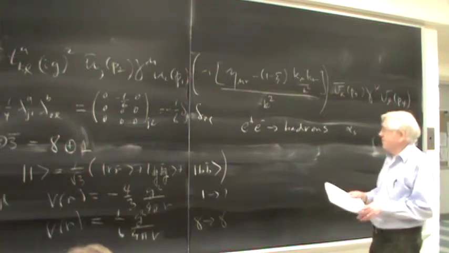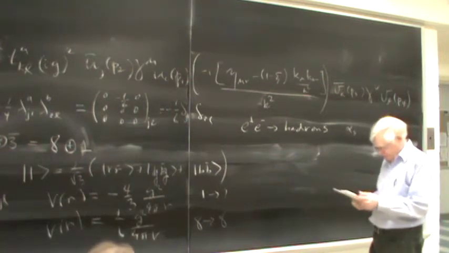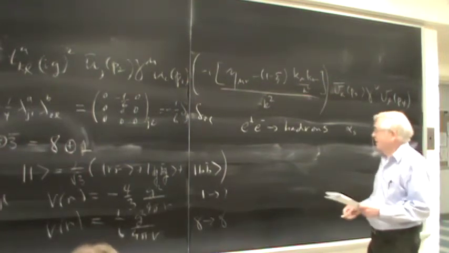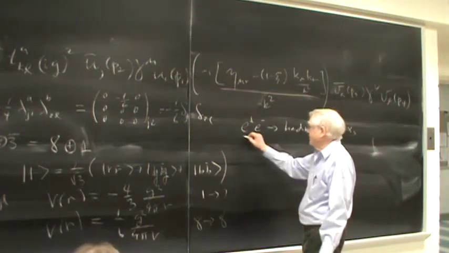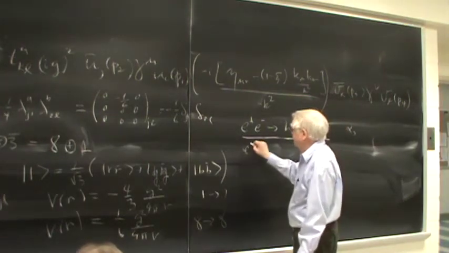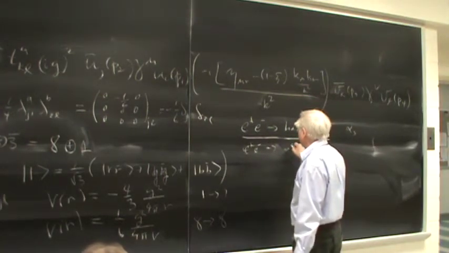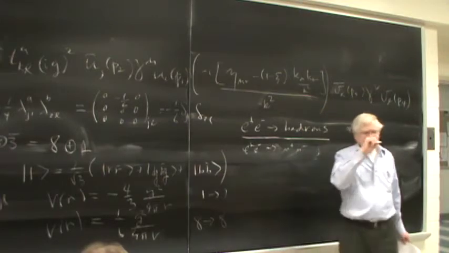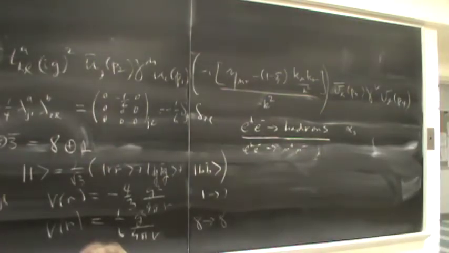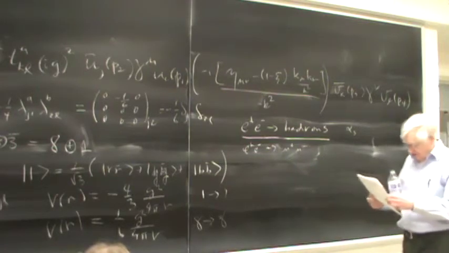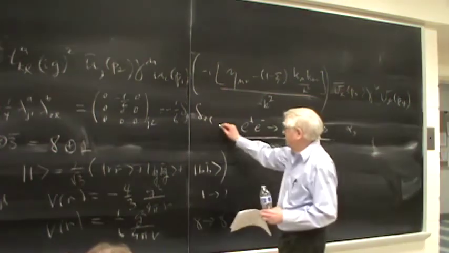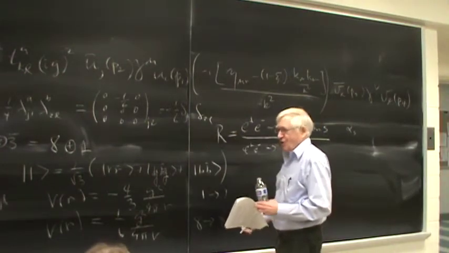Okay, so suppose we think about this at tree level. Well, what are we going to compare this to? We're going to compare this to e plus e minus goes to mu plus mu minus. In fact, at the same accelerator, you can be doing final state muons, final state hadrons, take the ratio of total cross sections at some energy, and this is something that is called R. R for ratio.